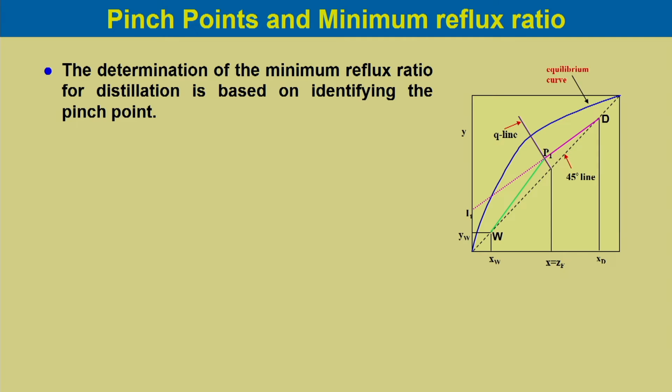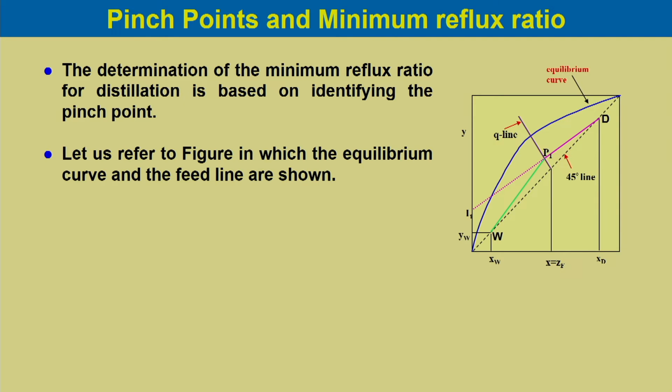To do so, let us refer to this figure shown over here, in which the equilibrium curve and the feed line are shown. You can see the equilibrium curve, which is the blue line, and you have the feed line, that is the q line, whose intersection point on the equilibrium curve is over here.